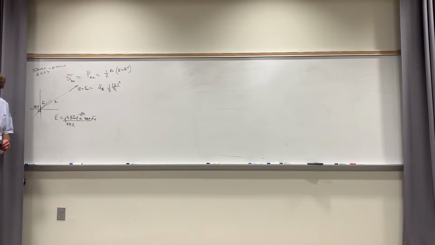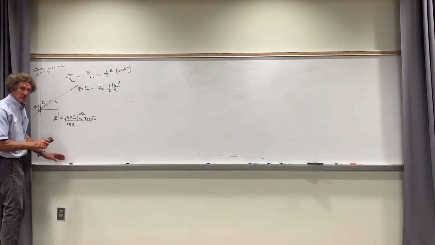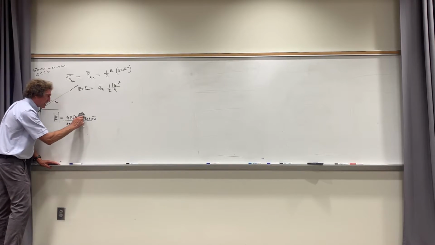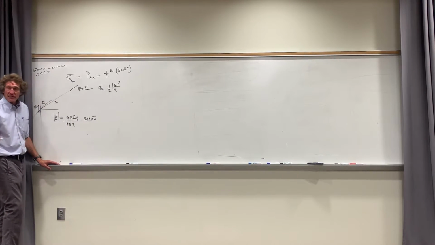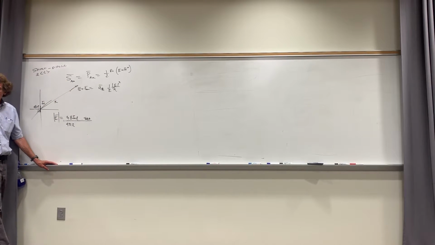Yes. Now, I want the magnitude squared. If I just take the magnitude of the E field, you'll notice I get rid of the j, don't I? And I get rid of this e to the minus j beta r, because that's only a phase angle. And I get rid of this. Does everybody agree with me there?